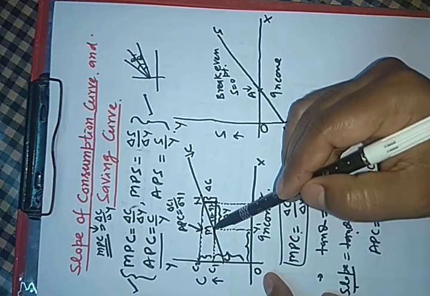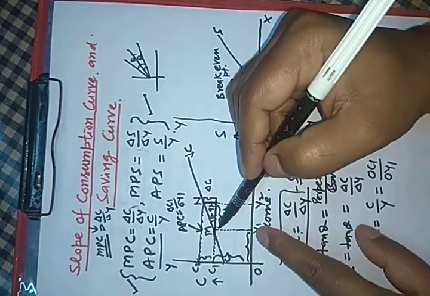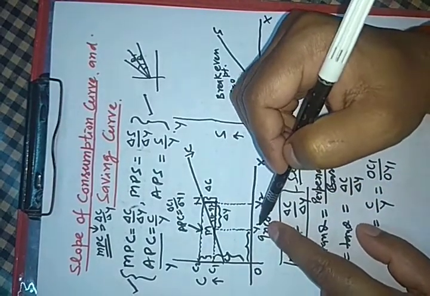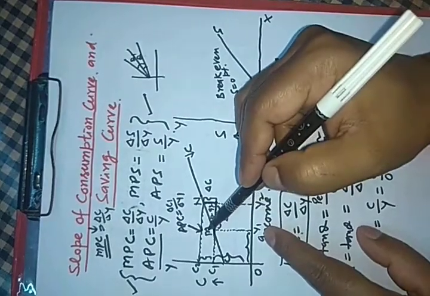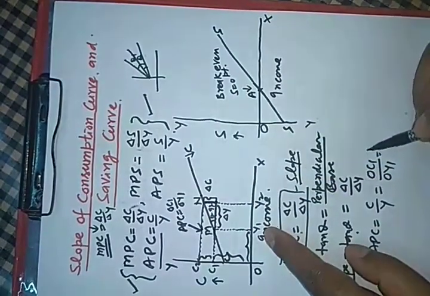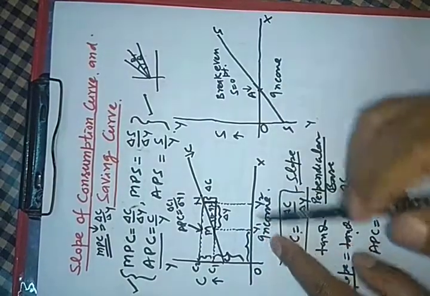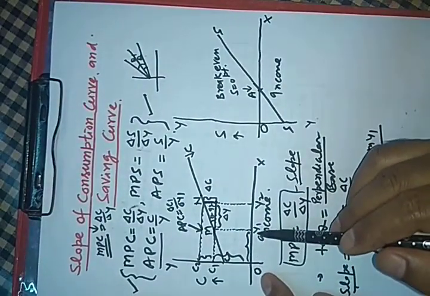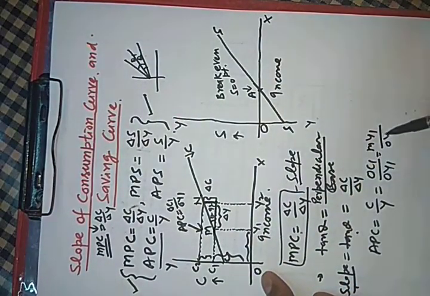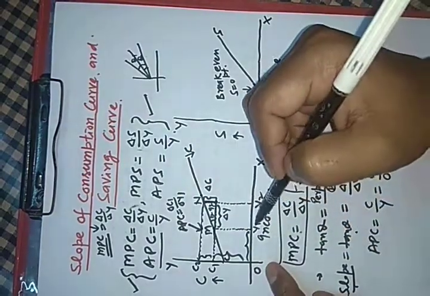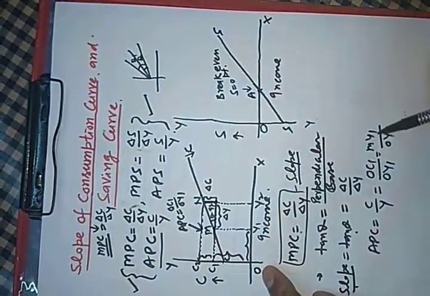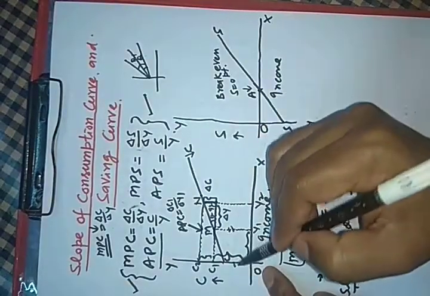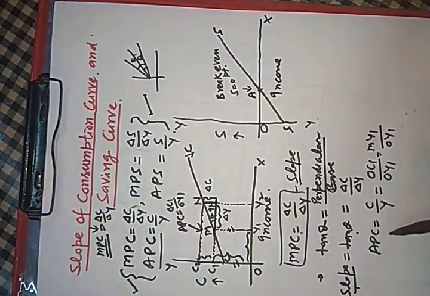Okay, this point reflects how much the consumption expenditure is, MY1. It is also written as MY1, and how much the level of income is, that is OY1. So MY1 या OC1 both are the same. So this can be easily denoted as APC.